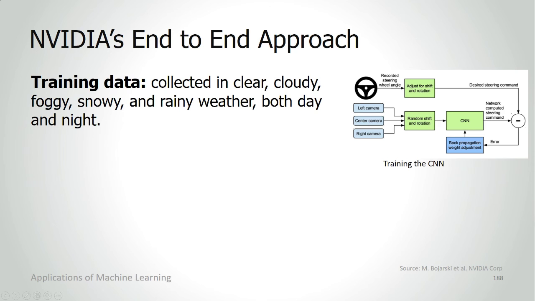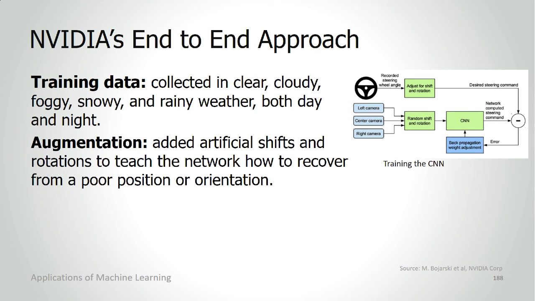Training data needs to be collected, a lot of it. You need to collect data in all kinds of conditions: clear, cloudy, foggy, snowy, rainy, day and night. And as I said, you need to augment the data. We talked about adding additional shifts and rotations to teach the network how to recover from a poor position or orientation.